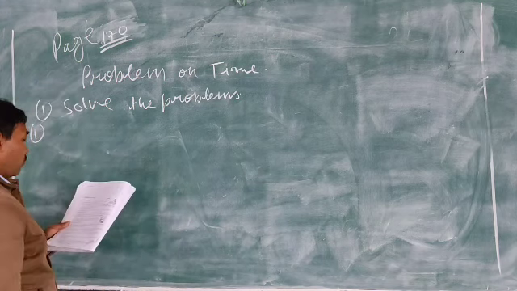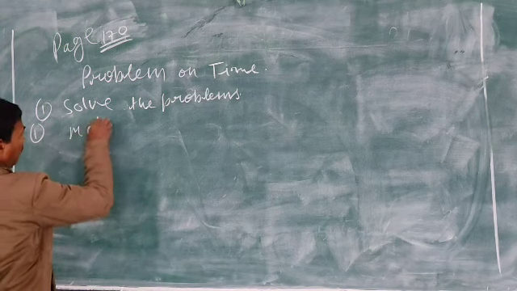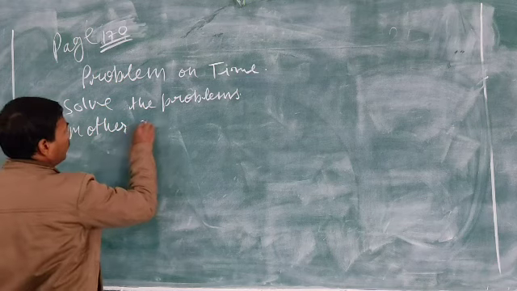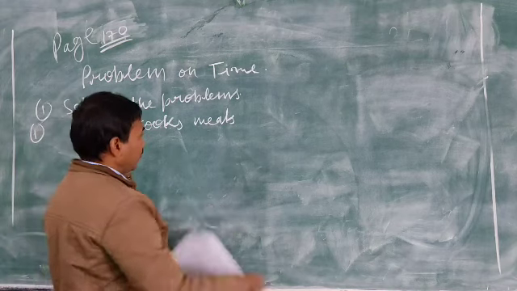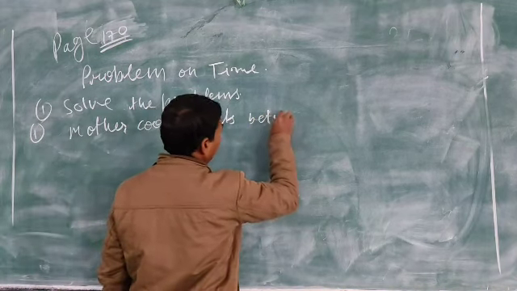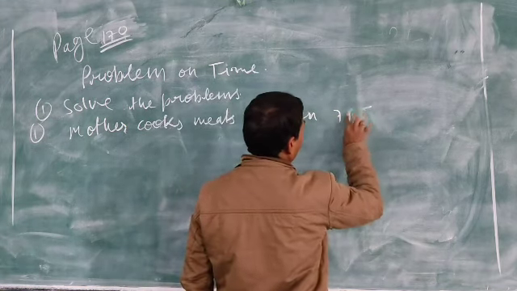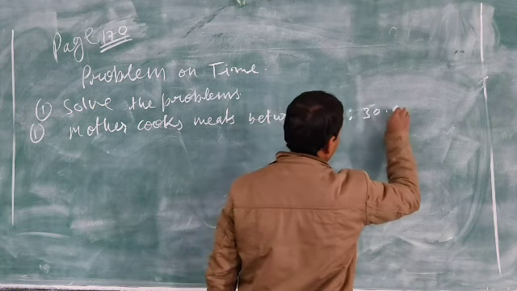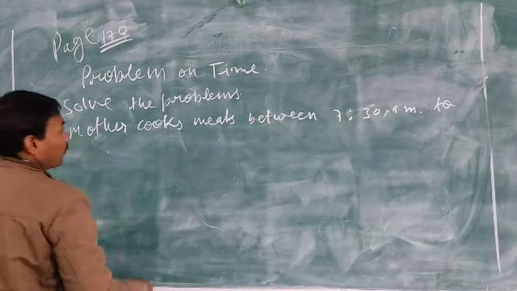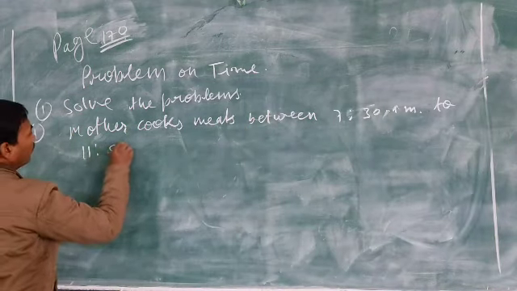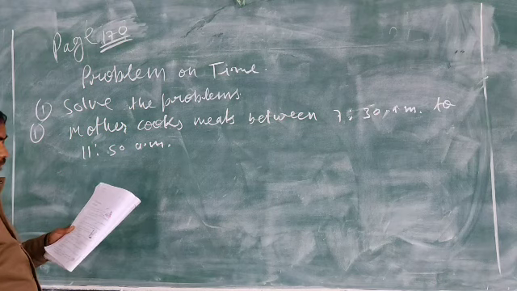I like to do it like this. Mother cooks meals between 7:30 a.m. to 11:50 a.m. Here it asks how long does she take in cooking.